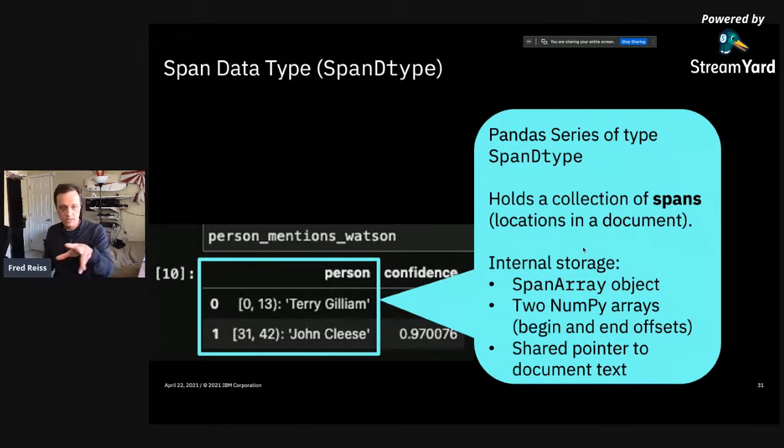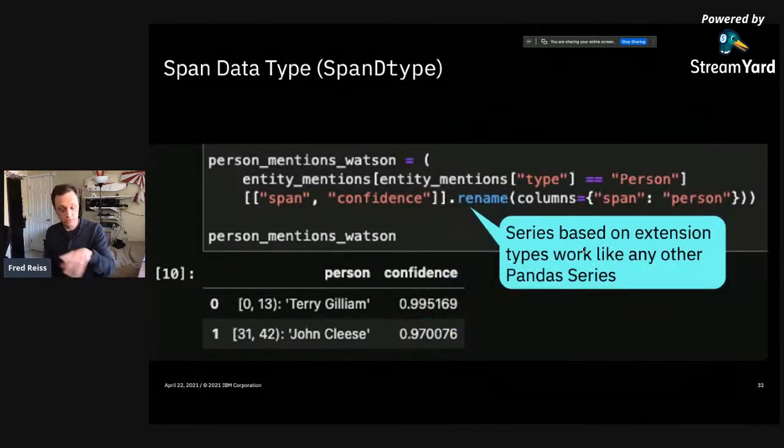And when you have data in an extension type in Pandas, all of the normal operations that you would do on a built-in Pandas data type just work. For example, this particular data frame is the result of processing another data frame containing all of the mentions of named entities. An entity can be a person, an organization, a location. And we did a filtering operation to filter those down to cases where the type of the entity was person, and we did some column projection operations, and all these things that would normally work with built-in Pandas data types just work out of the box with our span data type.